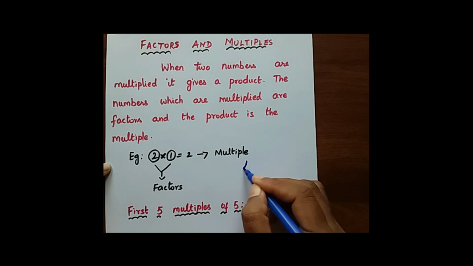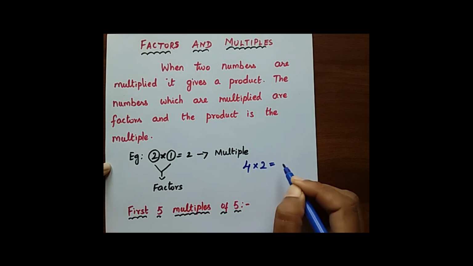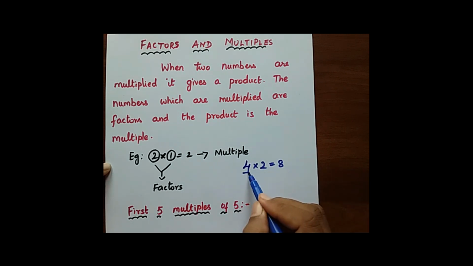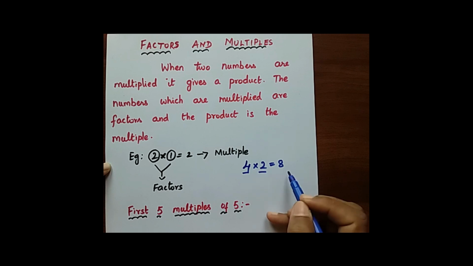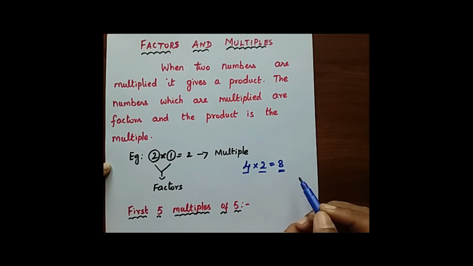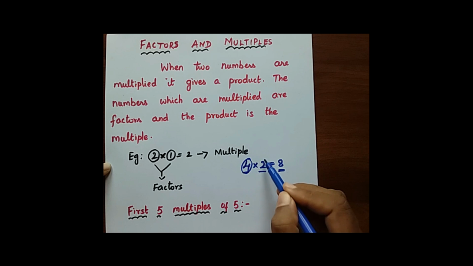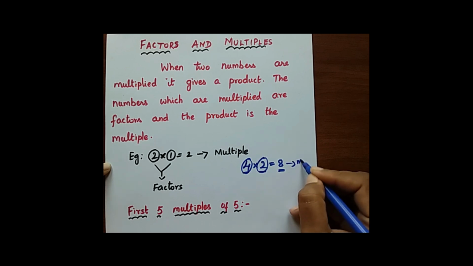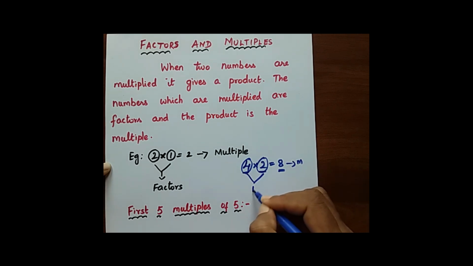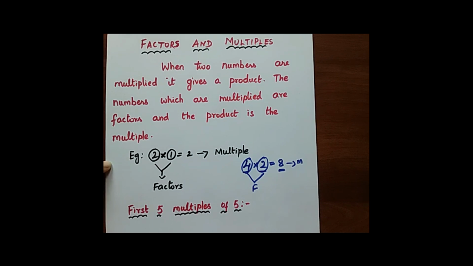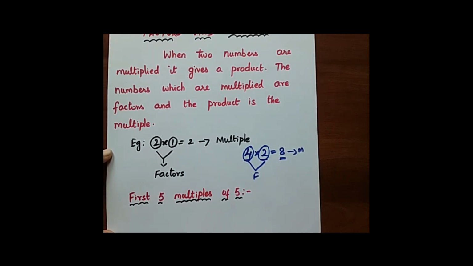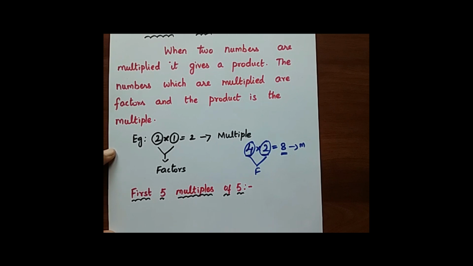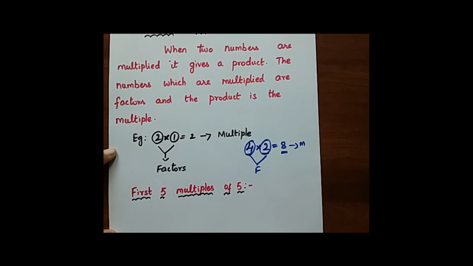For example, I am taking one more: 4 into 2 times is 8. Here 4 and 2 are factors of 8 and 8 is a multiple of 4. So these two we call factors and this one we call a multiple. Okay, let me see some examples so that you can understand it better.